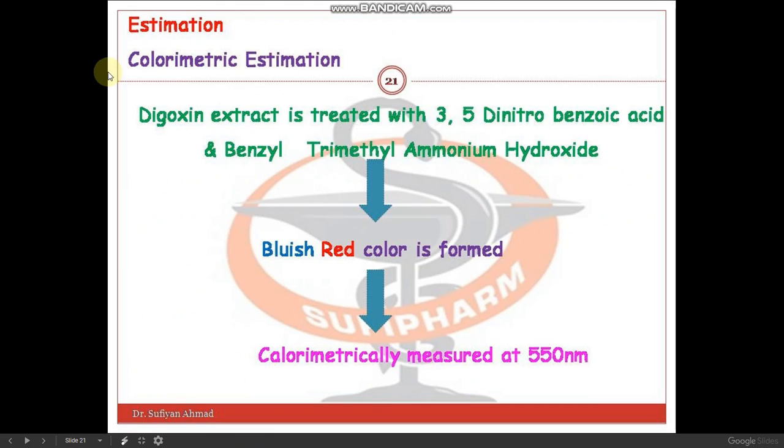So I hope you remember about this method, because we have already covered the colorimetric estimation in diosgenin. Okay, the extract is taken. You will add these two chemicals, 3,5-dinitrobenzoic acid plus benzyl trimethyl ammonium hydroxide. You will obtain this color, that is bluish red, and finally it is measured colorimetrically at 550 nanometer.